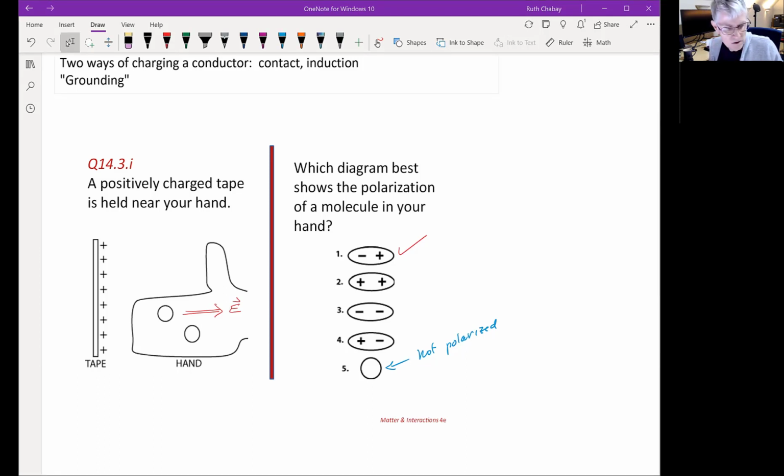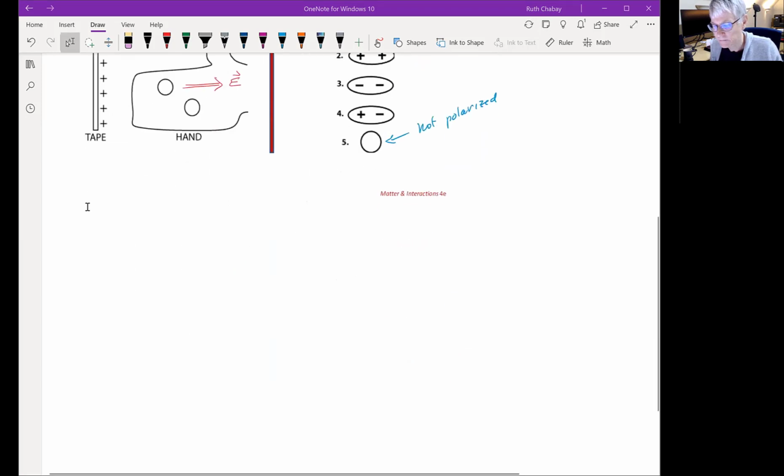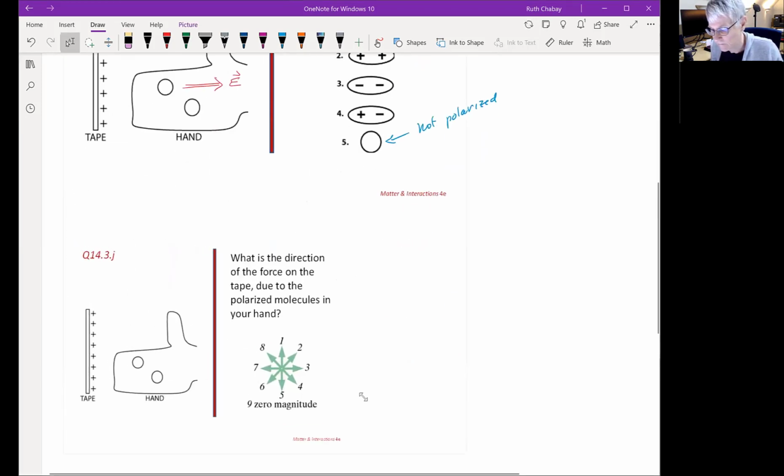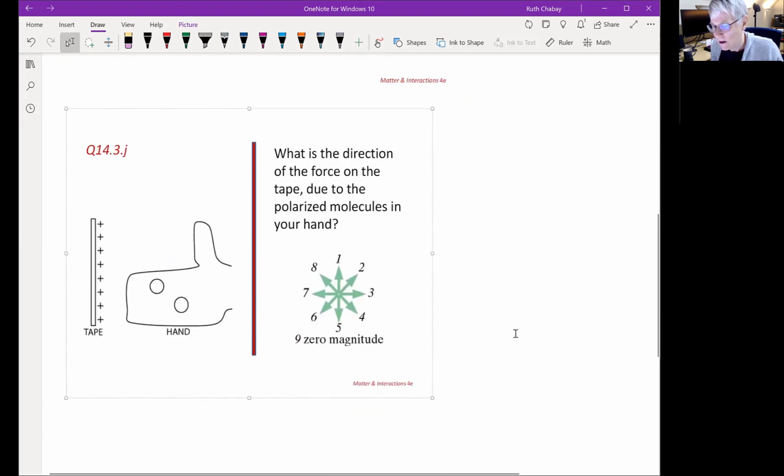As a result, now that these molecules are polarized, what happens? What's the resulting effect? What's the direction of the force on the tape due to the polarized molecules in your hand?